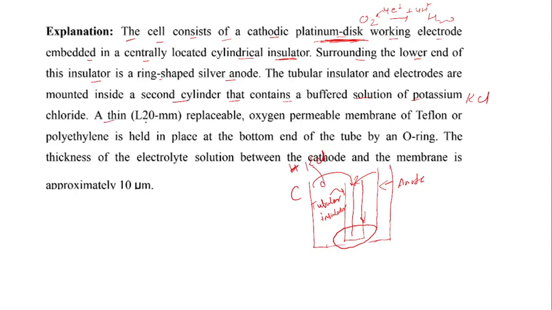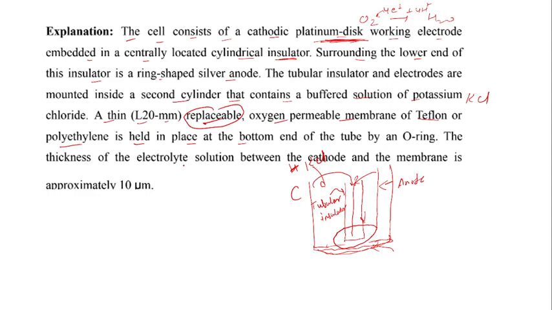A thin replaceable oxygen permeable membrane of Teflon or polyethylene is held in place at the bottom. So at the bottom a semi-permeable membrane of Teflon or polyethylene will be there. It is replaceable because you need to change it frequently.